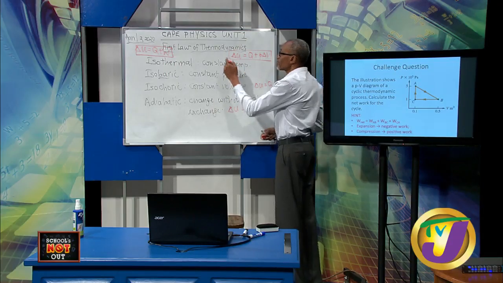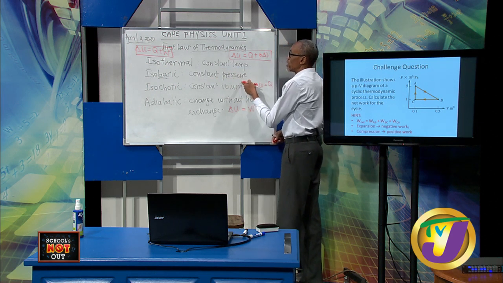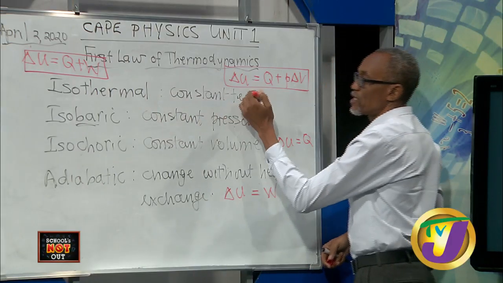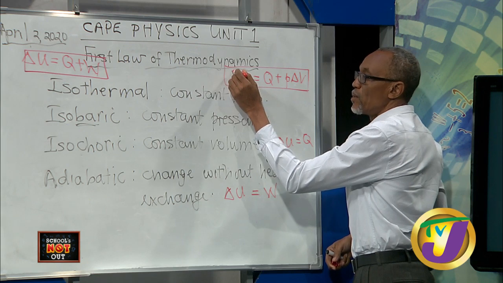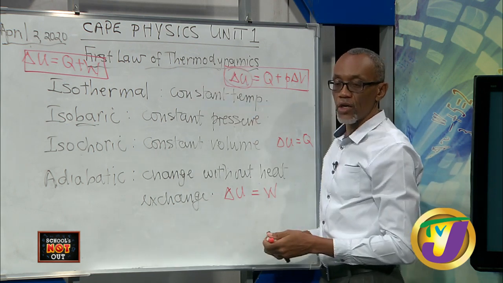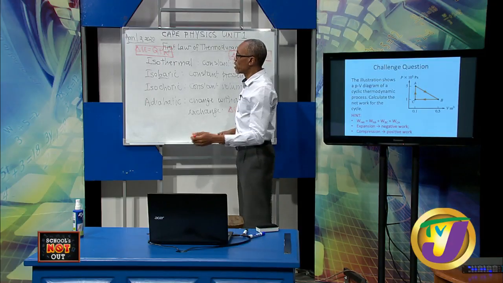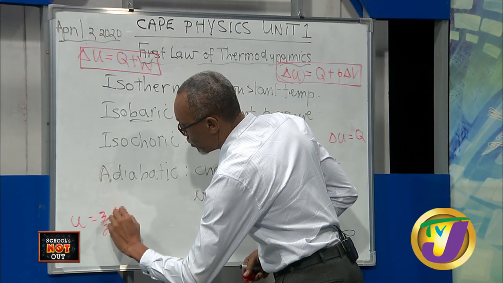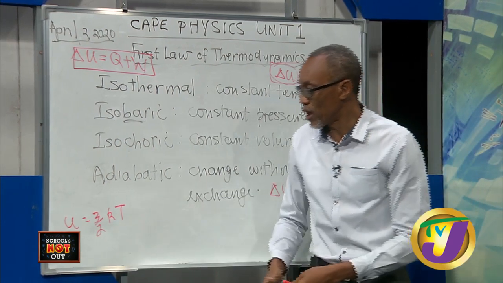Now, let's go to a constant pressure change. But before that, let's do the isothermal. For the isothermal, it means that there is no change in internal energy, because if you remember your kinetic theory, the internal energy U is equal to 3 over 2 kT, and k is Boltzmann's constant.